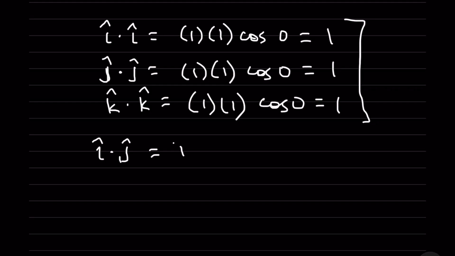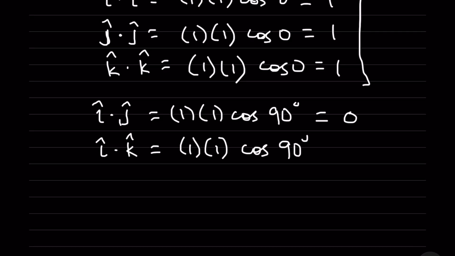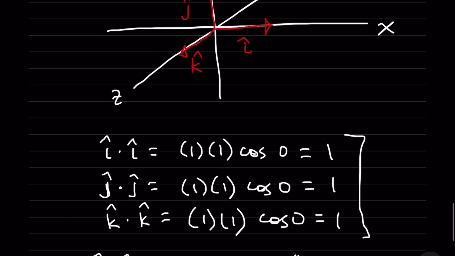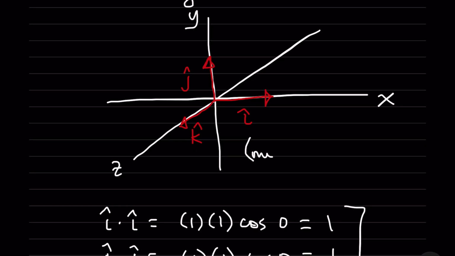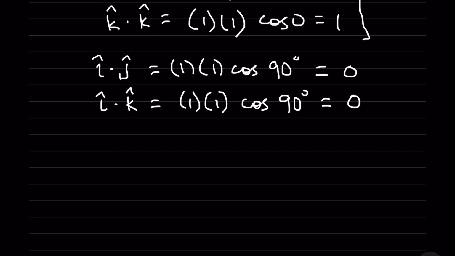What about for the case of unlike unit vectors, just like i hat dot j hat? The angle between these unit vectors is equal to 90 degrees. Cosine of 90 degrees is equal to 0. So we take note again that unit vectors are mutually perpendicular to each other. The angle between them is 90 degrees.